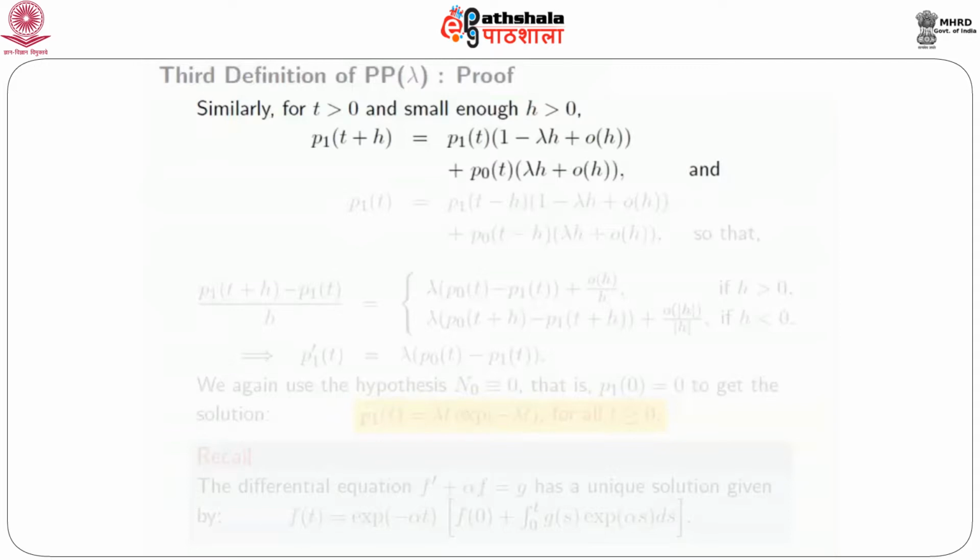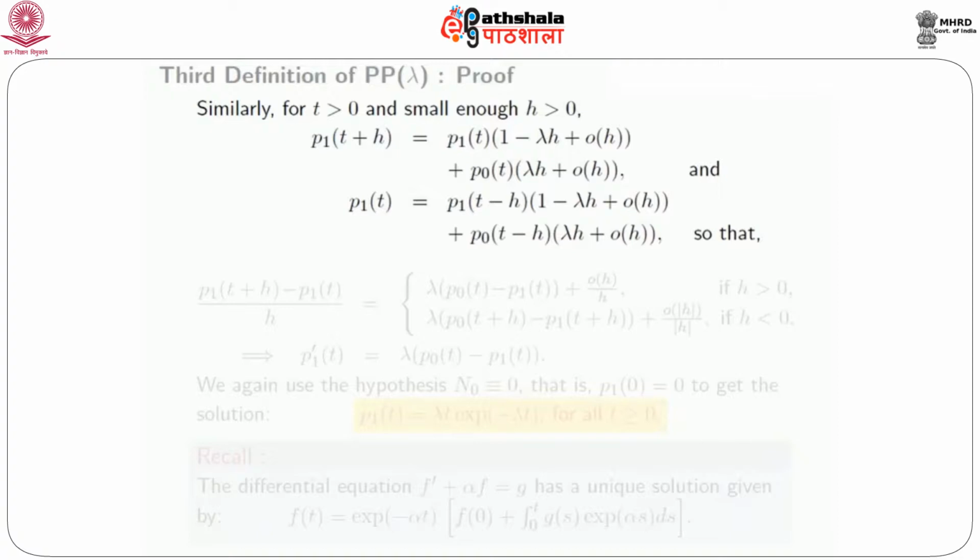Similarly, now I'm going to look at Pn for n greater than or equal to 1. So let's start with P1, n equal to 1 first, just as a startup. If you fix any t positive and small enough h positive, then again, exactly as we have argued before, P1 of t plus h, which is the probability that N(t plus h) is 1, can happen in two possible ways.